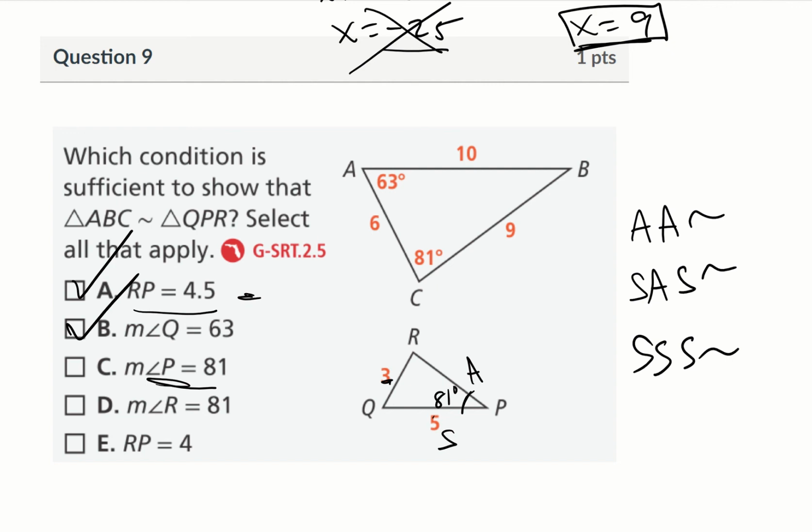And there were no other theorems that we discussed that will allow us to determine if they're similar. So there's a couple things wrong with this. First off, P is not equal to 81, and 2, you can't use a theorem to help us determine this.